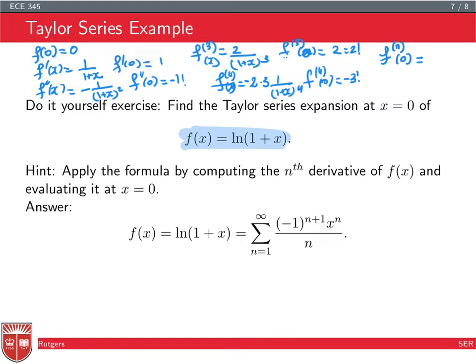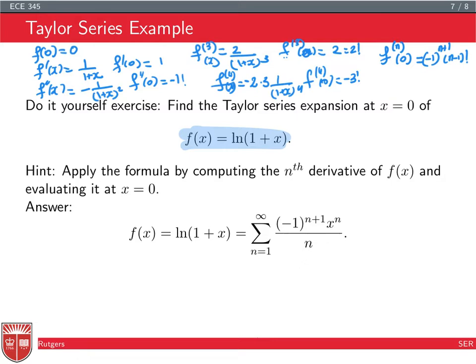So this is going to be minus 1 to the power n plus 1, just to make sure that the sign is correct. If n is even, I need a negative sign. Since for the fourth order the value is 3 factorial, for the nth order the value is n minus 1 factorial. In general, if you want to do this rigorously, you need to prove it using induction. But at least here you can see the pattern.